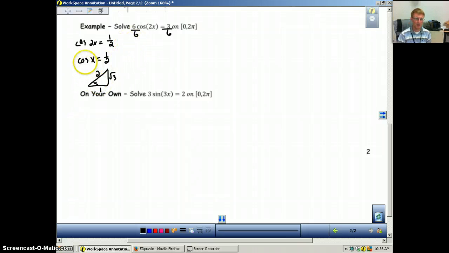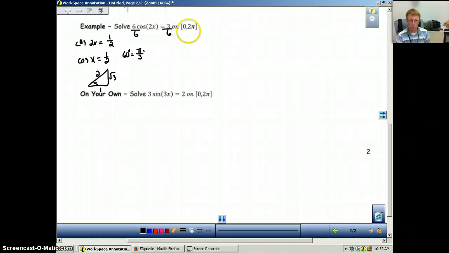So that means that x is going to be equal to 60 degrees, okay, which is also equal to pi over 3. But again, as we've been talking about, that only tells us one picture, because the cosine is going to be equal to 1/2 at more than one spot.